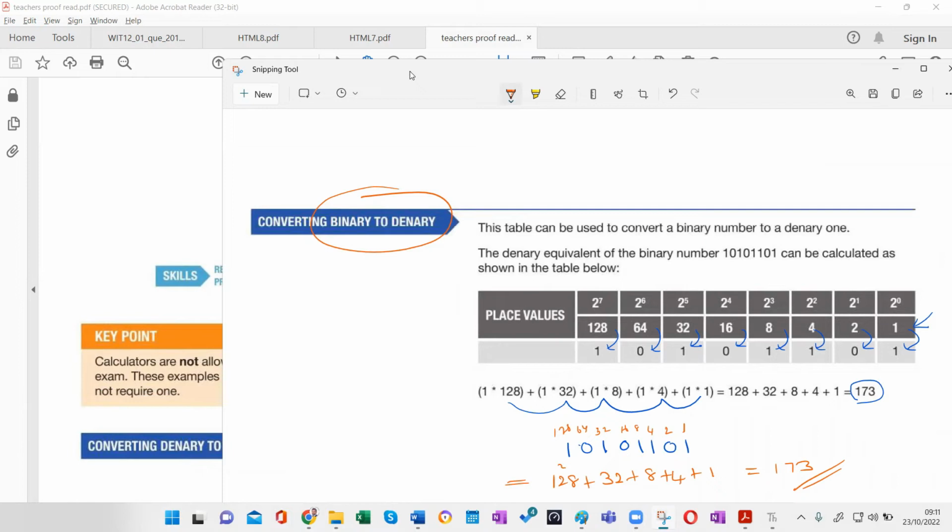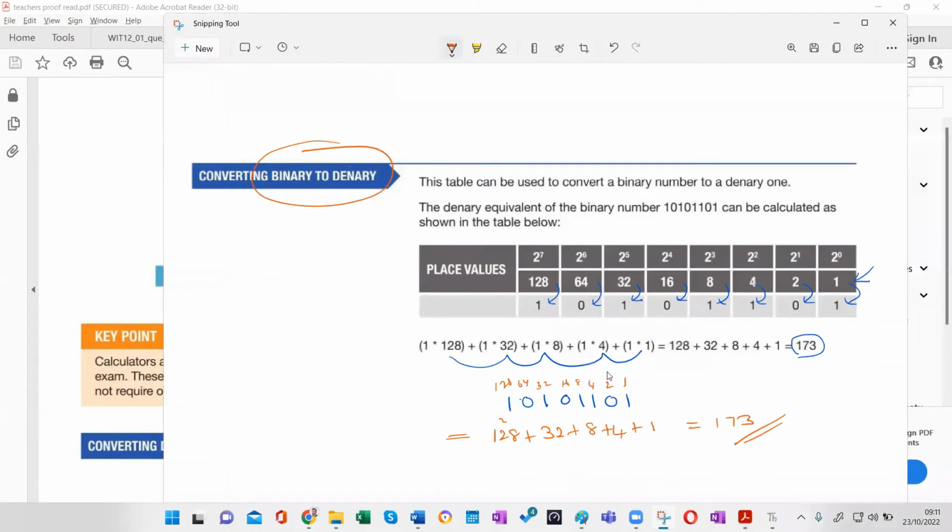Sir, can you do another example? Yeah, I'll be taking another example. Did you understand up to some extent? Yes, sir. Okay. Salman, yes, sir. Venu, understood?